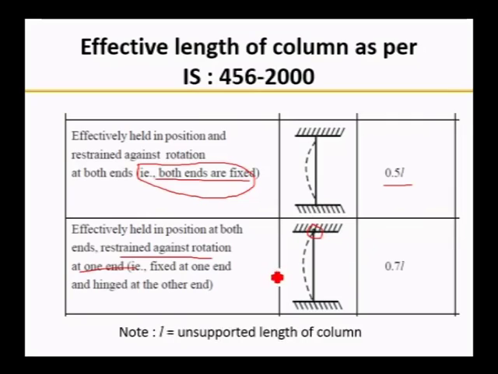This type of condition is called fixed at one end and hinged at the other end. When this condition is given in the problem, you refer to the IS 456 table and multiply the unsupported length by 0.7 L. You will get the effective length of the column. L is the unsupported length of the column.